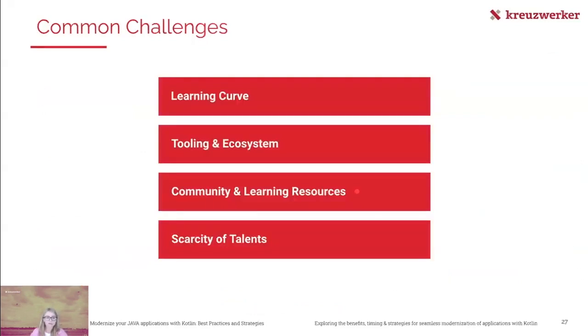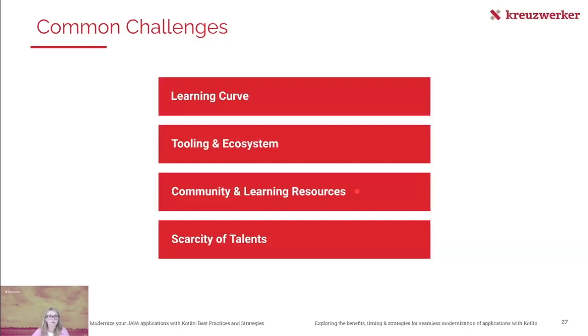Last but not least, you should be prepared for a potential impact on recruiting and team building. While Kotlin has gained popularity in recent years, Java still remains one of the most widely used programming languages, with a larger talent pool of experienced developers. Finding developers with extensive experience in Kotlin may be relatively harder compared to Java.